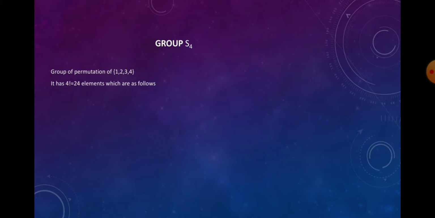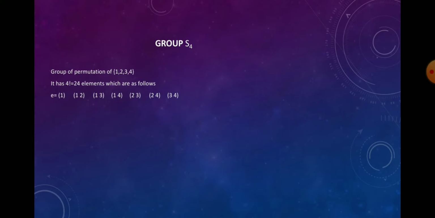We know that the group S4 is nothing but the group of permutations of the set 1, 2, 3, 4, right? And we also know that there are n factorial elements in the group Sn. Hence, there are 24, that is 4 factorial, elements in this group S4, which we are going to list.